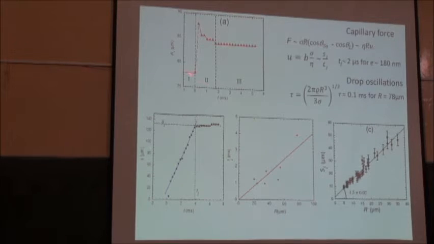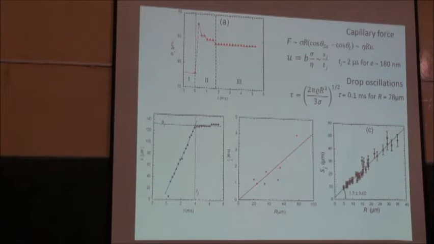Of course, at the beginning, there is a big change of radius, because you see it spreads, and after there are some oscillations, but we expect oscillation of 0.1 milliseconds, but our resolution is 0.25 milliseconds. So we can see only a weak oscillation. But after a few oscillations, the drop doesn't move anymore.